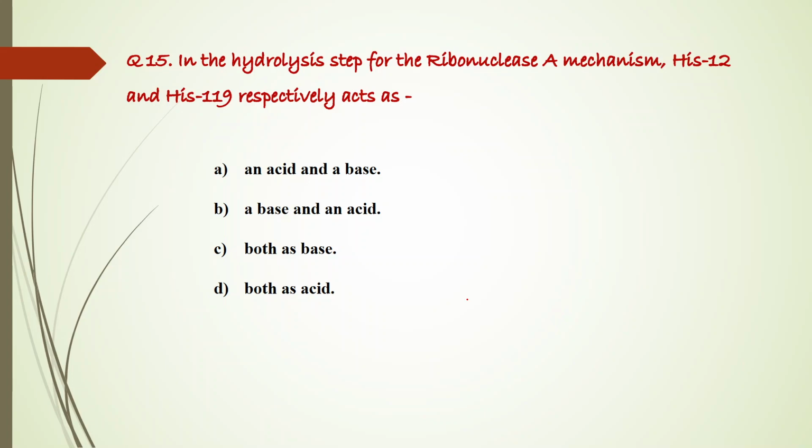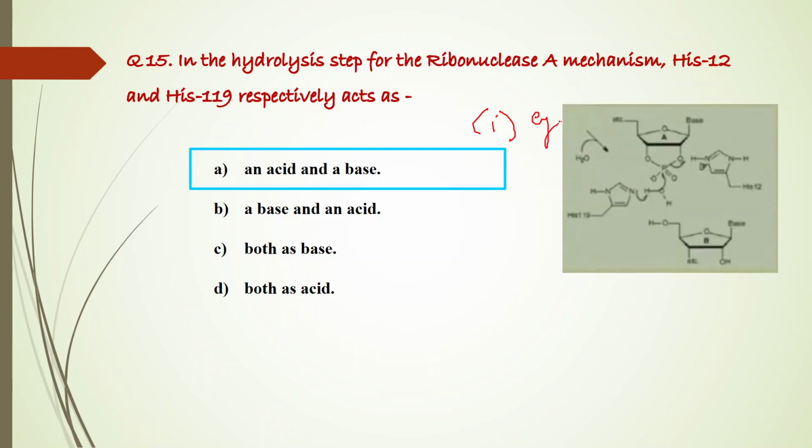Just give me a second, let us go back here. We know there are mainly two steps. Let me show it with the mechanism, then it will be easy. There are basically two steps in the mechanism of ribonuclease A: the first one is cyclization and the second one is hydrolysis.